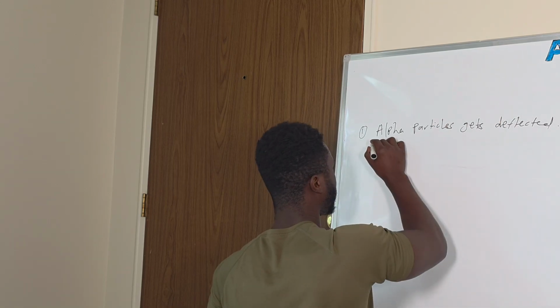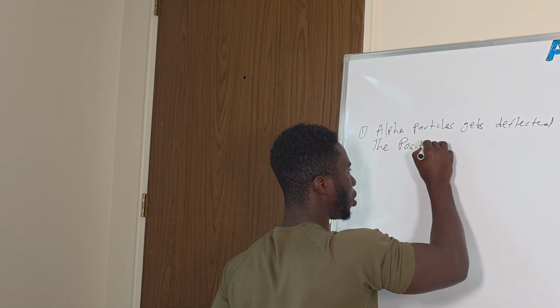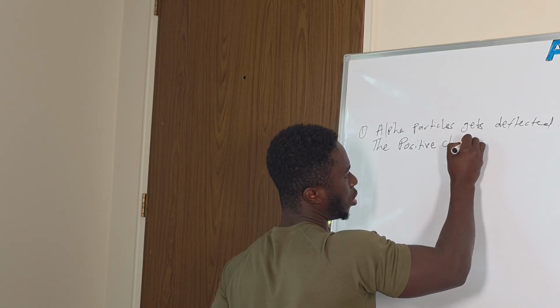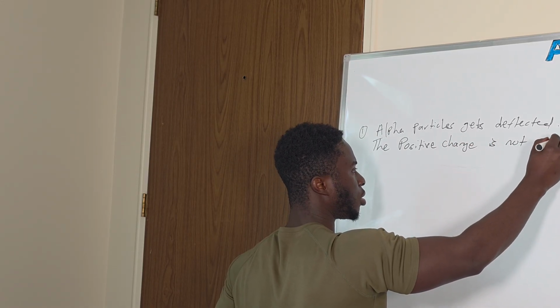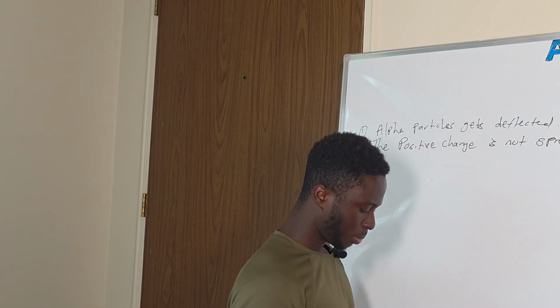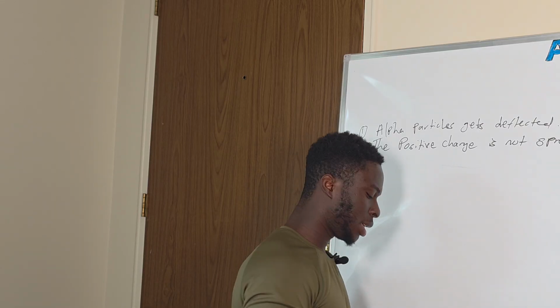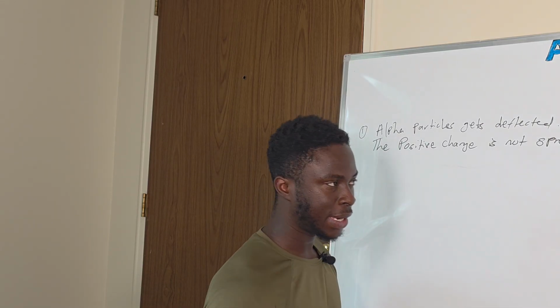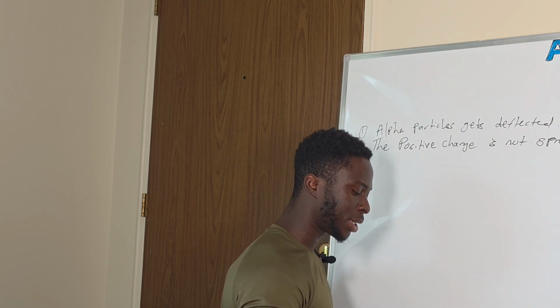Therefore, the positive charge is not spread out, right? He said that since it wasn't just going through it, and sometimes it would hit and then come back, then the positive charge was not spread out.